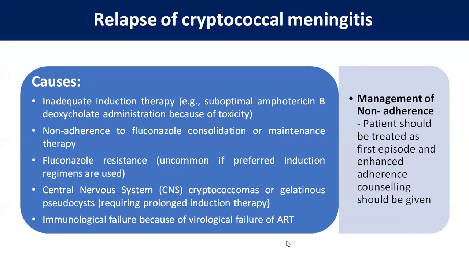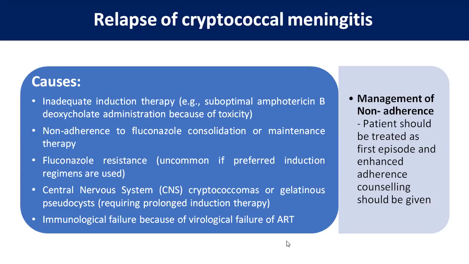Now, relapse of cryptococcal meningitis. As we mentioned earlier, the causes are inadequate induction phase of the therapy, suboptimal amphotericin B deoxycholate administration because of toxicity, non-adherence to fluconazole consolidation or maintenance therapy, and fluconazole resistance itself, which is uncommon, but can occur if preferred induction regimens are not used.